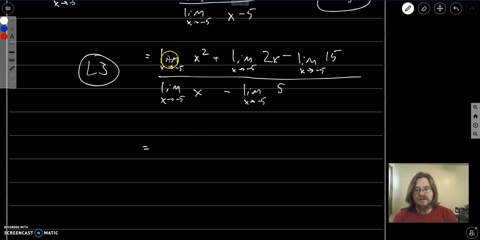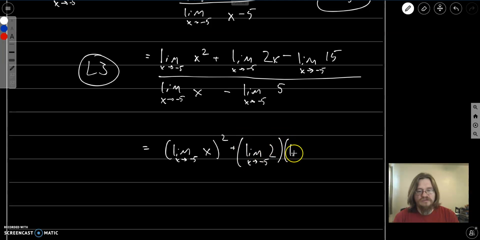So up here I've got the limit as x approaches negative 5 of x squared. So again, I can write this as the square of the limit. Here I've got the limit of 2 times the limit of x.